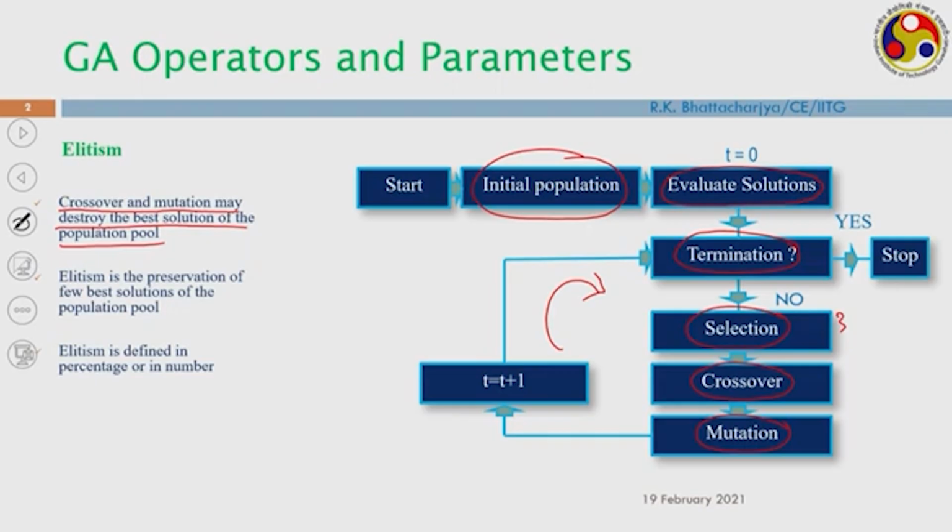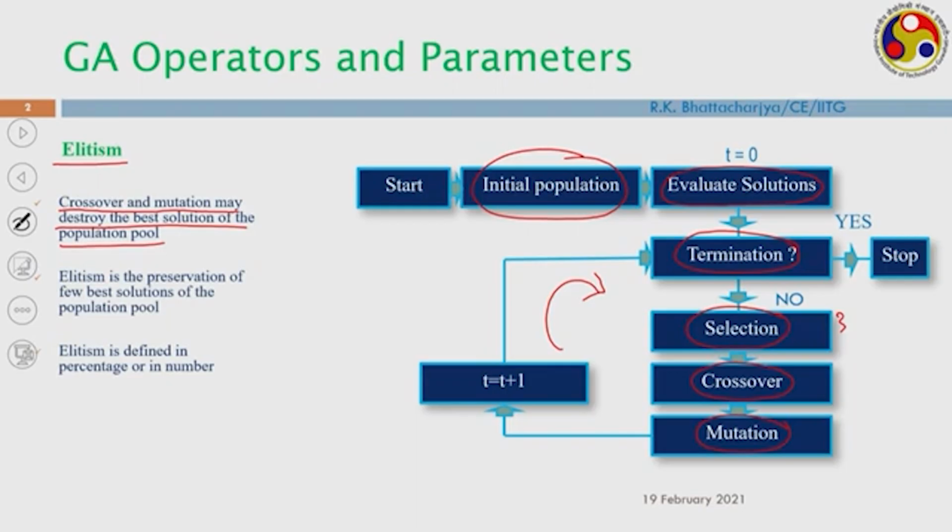So what I want is that my better individual, the best individual of the generation, is not destroyed by crossover and mutation, and in order to preserve it, I can use elitism. So what is elitism? Elitism is basically preserving the best solution.